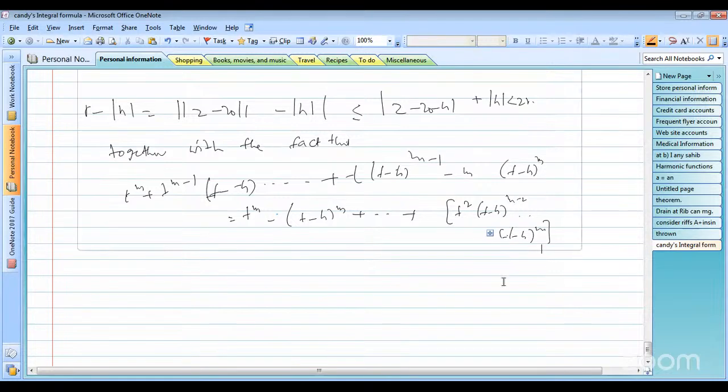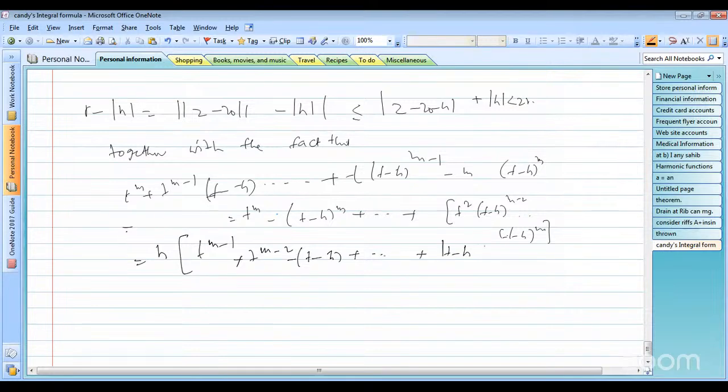So therefore I'm writing here this one, h I'm taking as common here: t^(m−1), t^(m−2)(t−h) plus (t−h)^(m−1), plus and so on plus h(t−h)^(m−2) t plus (t−h) plus h into (t−h)^(m−1).